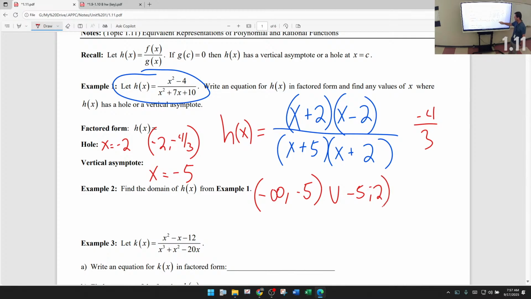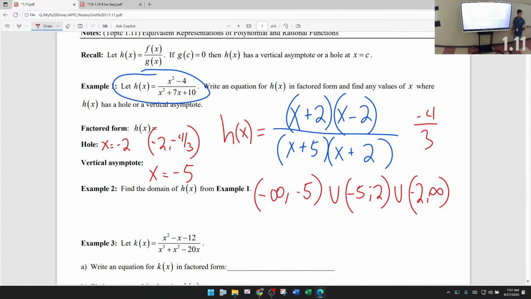It can't be either one of those. And then we will go from -2 to infinity. The mistake that students might make is forgetting the middle part here. The mistake that they might do is put -2 and then -5. That's bad. It's always low, big.